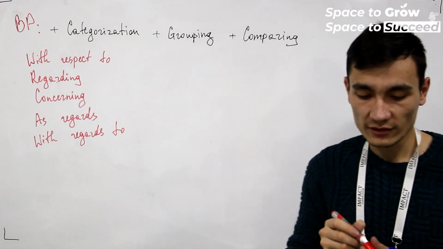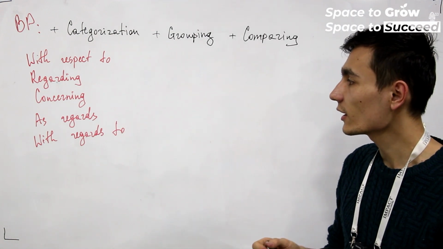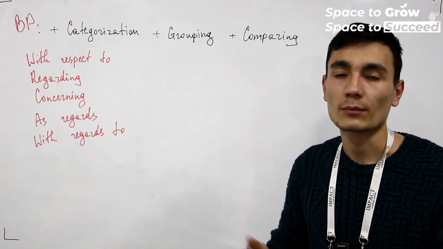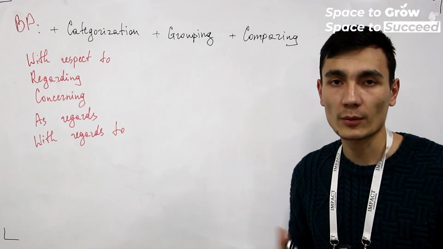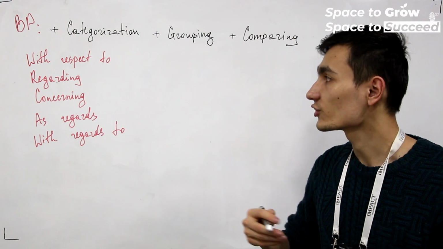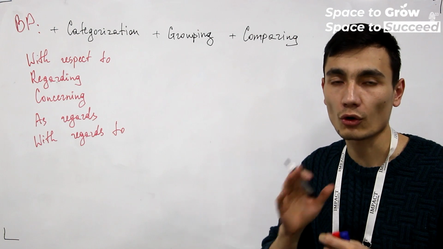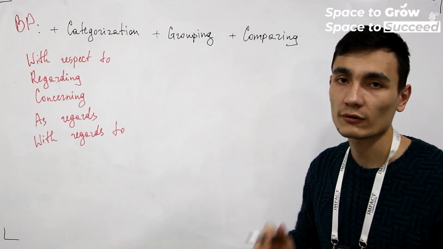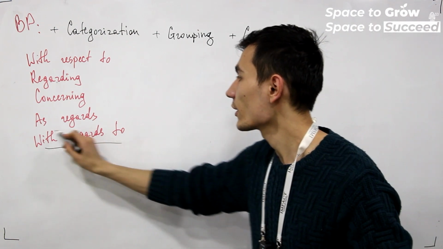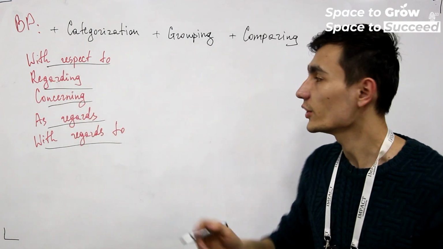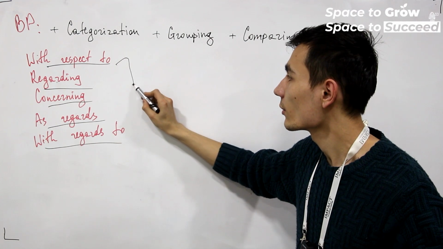And they basically mean the same thing. They mean if we talk about this thing, meaning that it's just a more academic way of starting your sentence. You always have to start your body paragraph with these words, and these are used separately. So you can use only one of them at the beginning of your body paragraph.